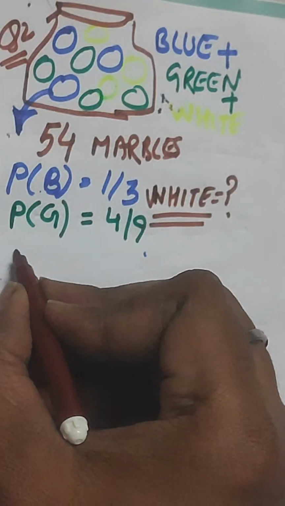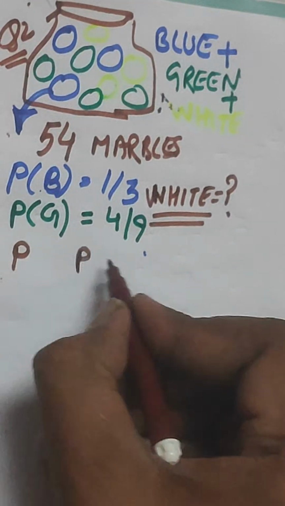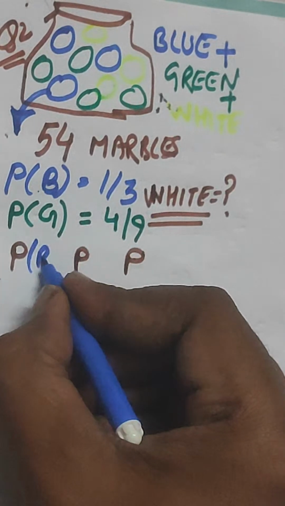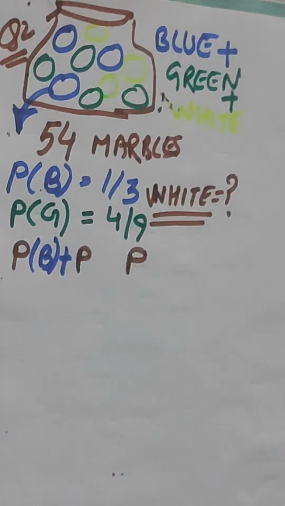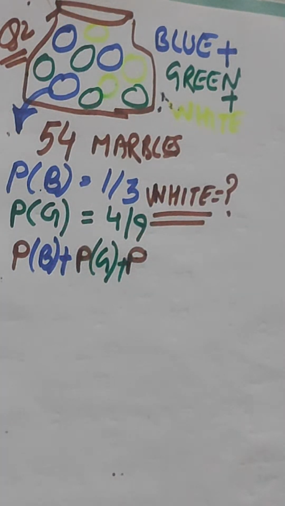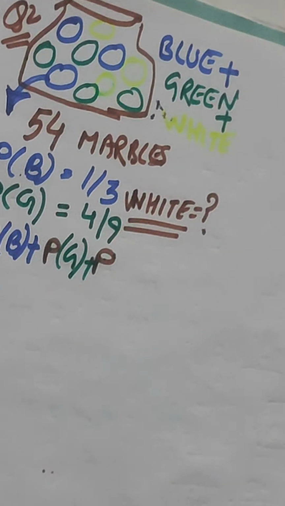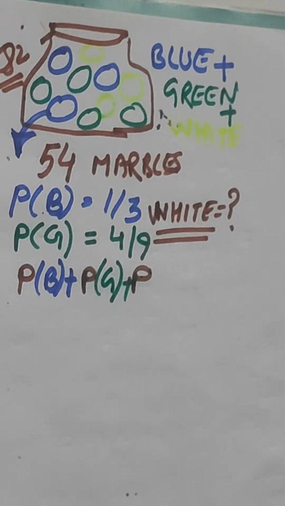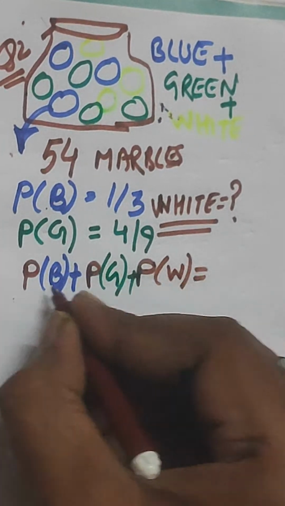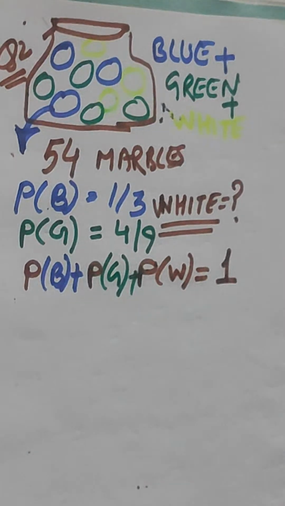So the probability of getting a blue plus the probability of getting a green plus the probability of getting a white marble, when you add all these probabilities, the total will be equal to 1.